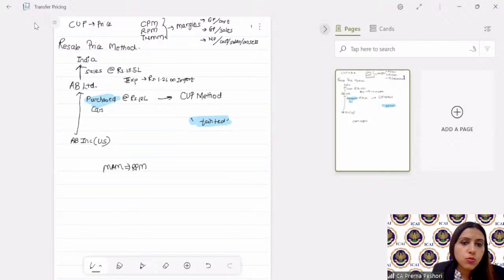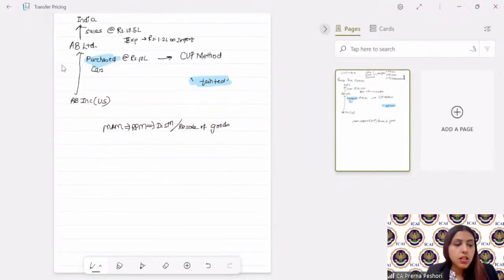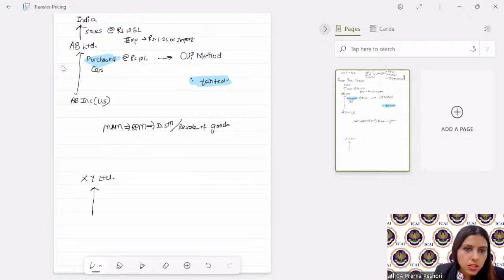So RPM is suitable for the distribution or resale of goods. Now, how do we compute the arm's length price using RPM? Let's understand this. Say, for example, there is a comparable transaction. XY Limited, an unrelated party, also imports similar cars.